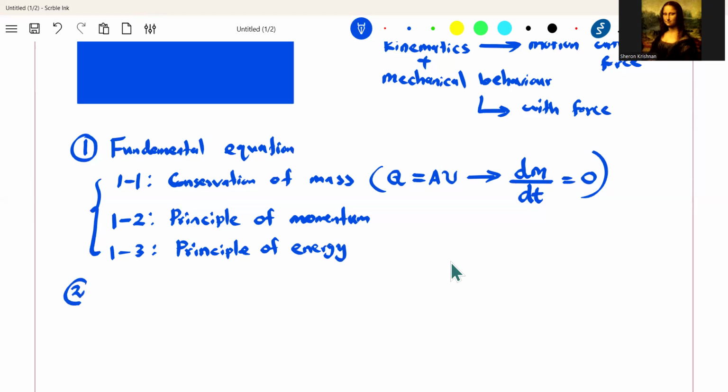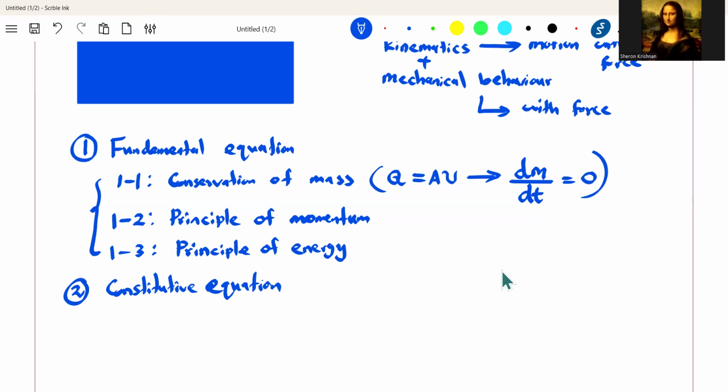Then the second one, we develop the equations called constitutive equations, constitutive models or equations, right?